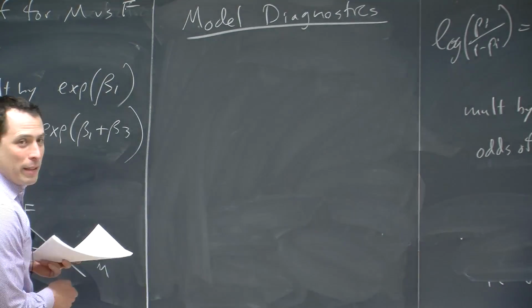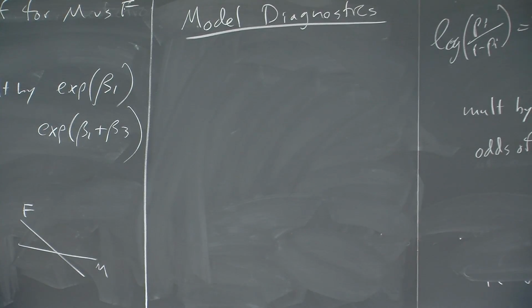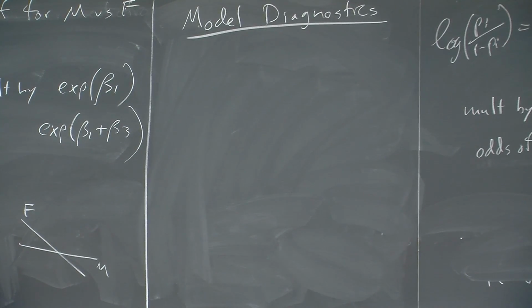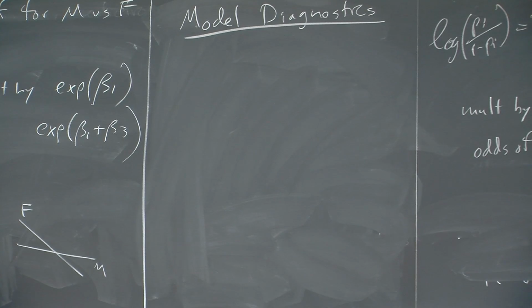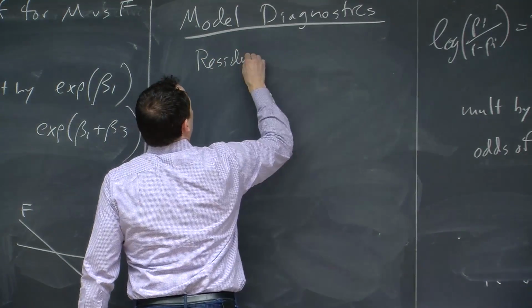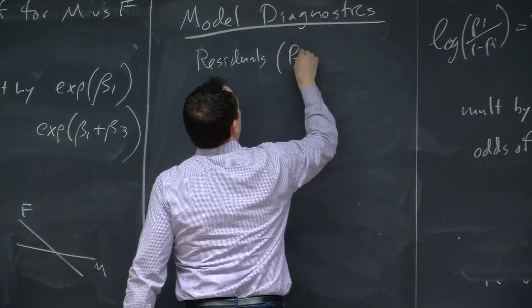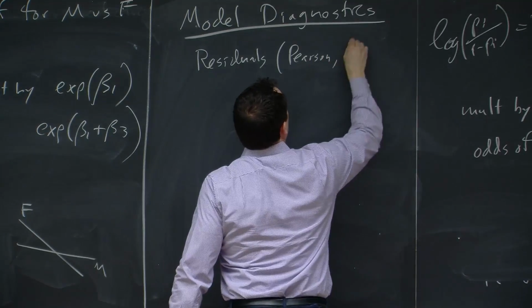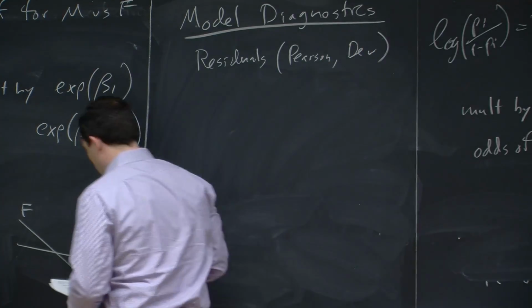Okay, so the next thing I want to talk about is diagnostics for the model, for logistic regression. Diagnostics are more or less an attempt to port the ideas that you use to diagnose linear regression to logistic regression. So we can look at residuals, Pearson and deviance, which we'll talk about in a minute.